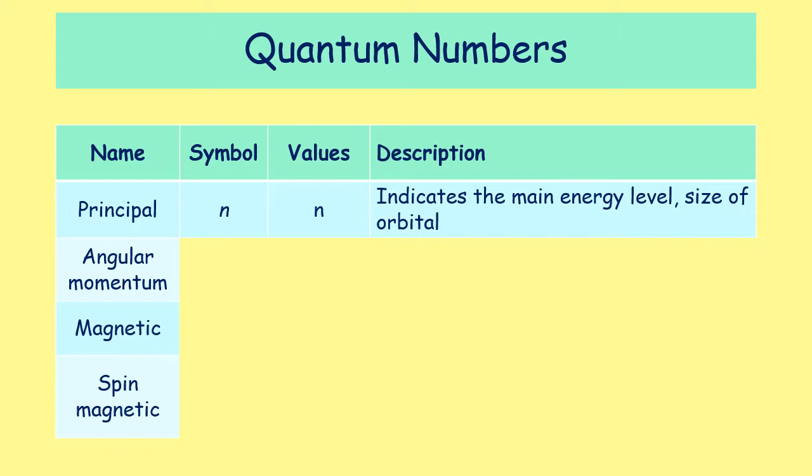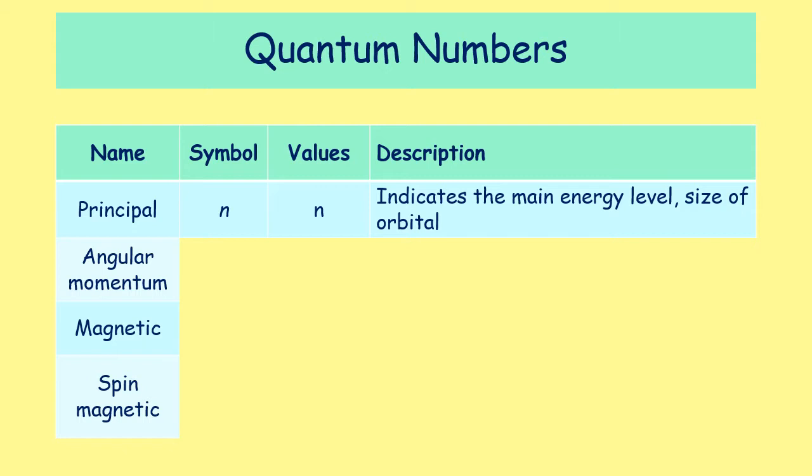The principal quantum number usually correlates to a period on the periodic table. So if an atom is found on period 1, all of the electrons will have a principal quantum number value of 1. And this indicates the main energy level or the size of the orbital.